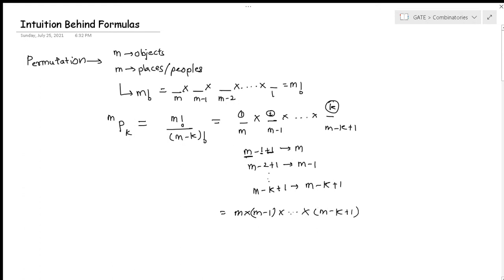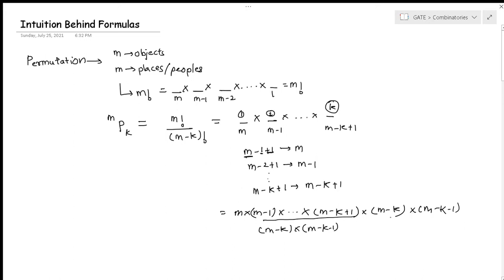Now for further mathematical simplicity, I can multiply and divide by the same terms: m minus k, then m minus k minus 1.